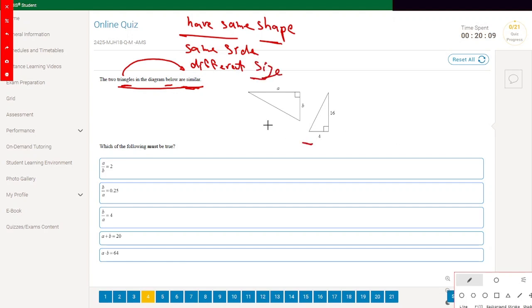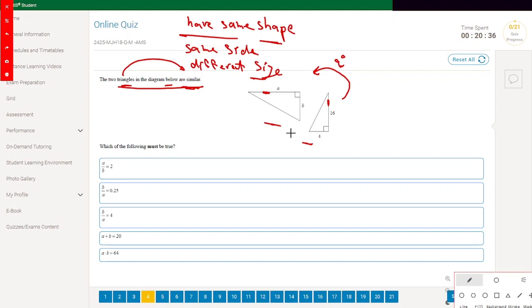For example, I have these two triangles. I can see that this side is similar to this side, because if I rotate this triangle 90 degrees anti-clockwise, I get the same shape.